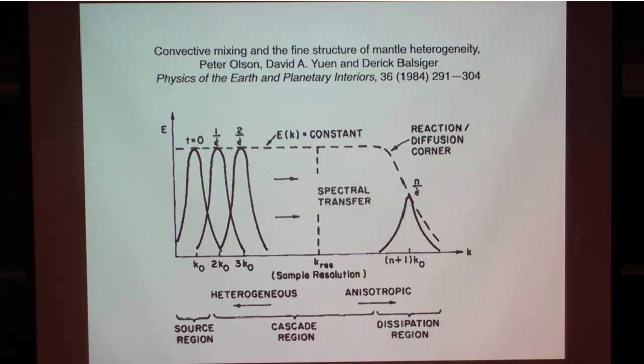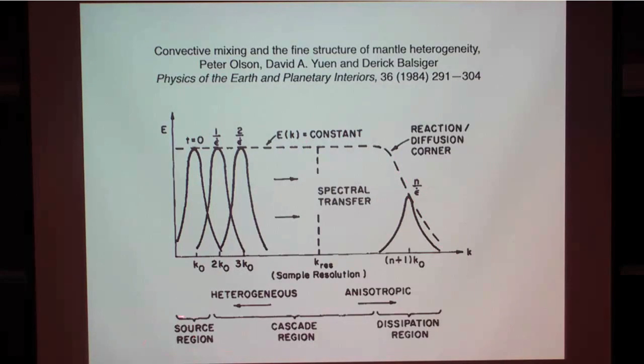What happens if we continuously introduce that into the mantle, and then we think about how the scale is going to change? And so they worked out, basically without a lot of fancy numerics, this cascade of decay in which the thinning is going to increase with time, and at some point we'll reach the point at which we can no longer resolve the heterogeneity. And at that point, the scale of heterogeneity will drop off due to diffusion.